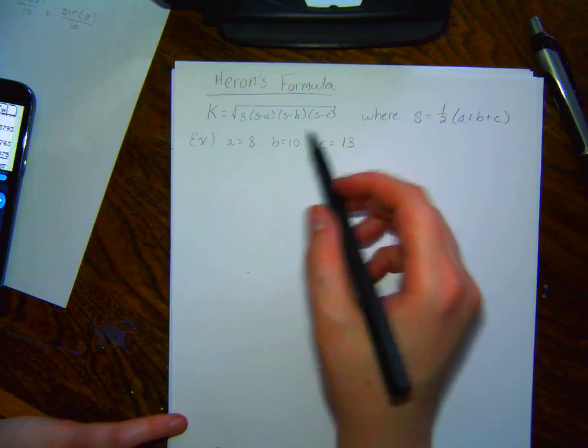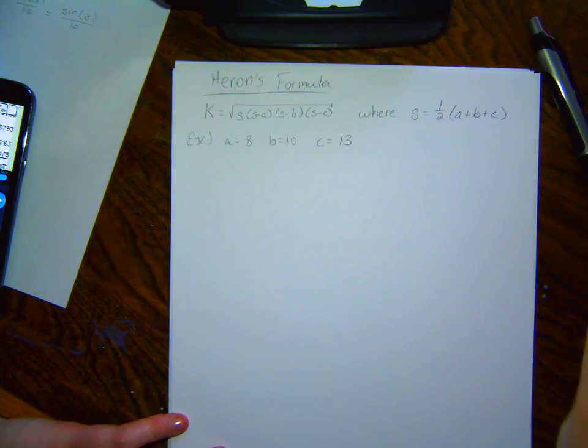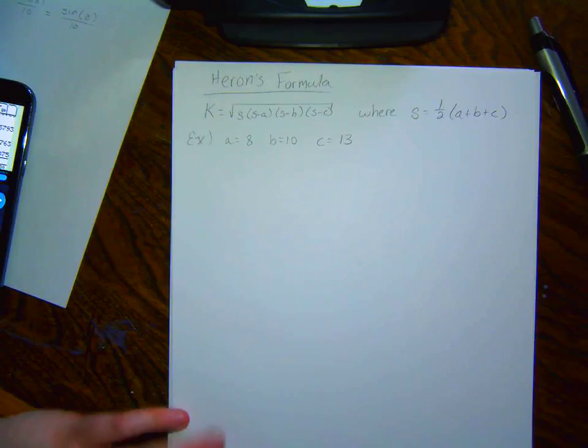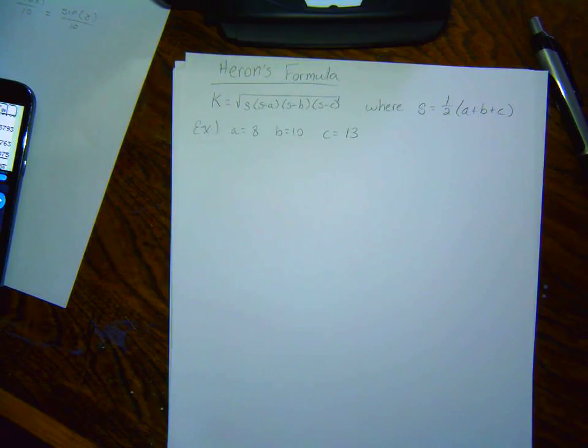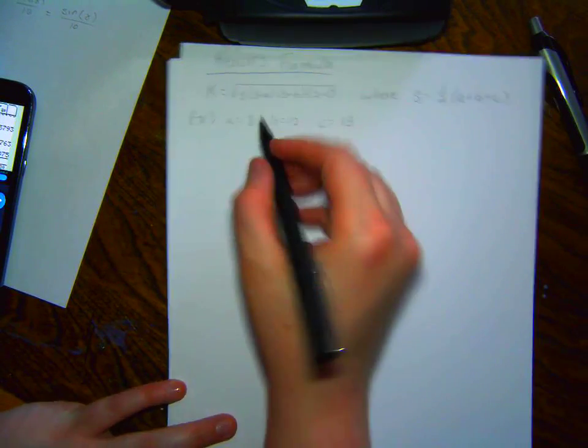This is also useful if you didn't have a device that measured angles accurately. So say that you're in ancient Egypt and you had to find the total area of land, but you didn't have a protractor because you're in ancient Egypt, then that is when you would be using this formula.